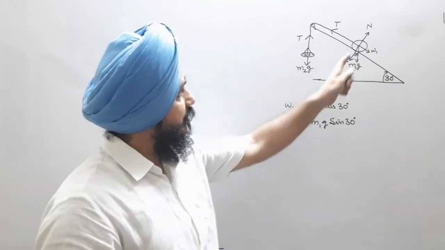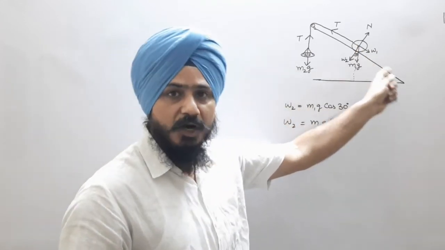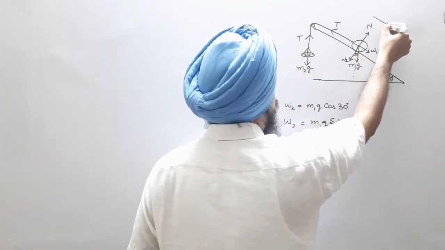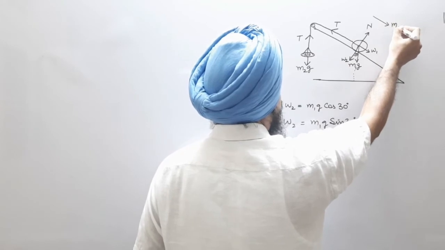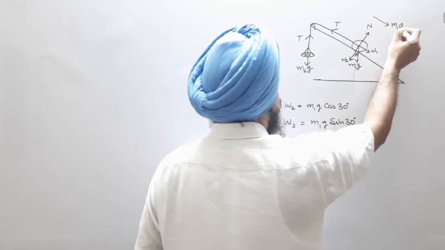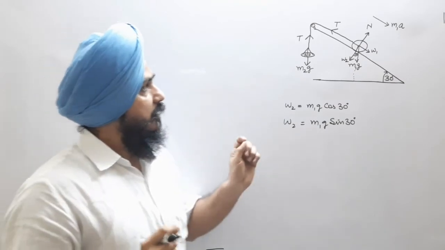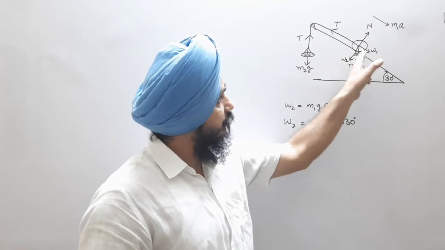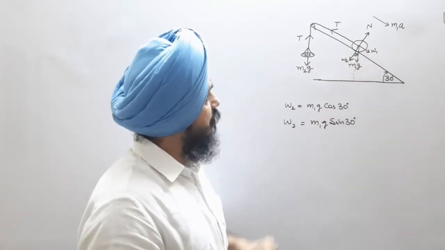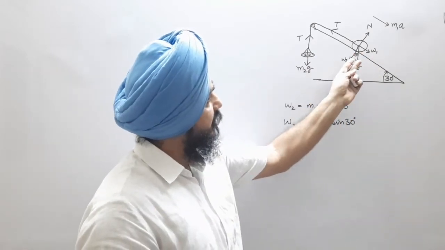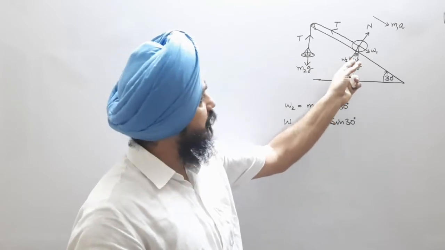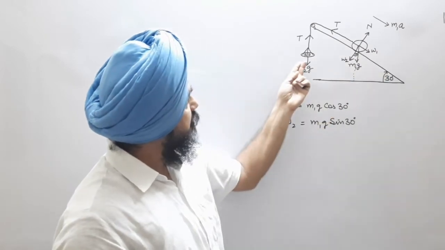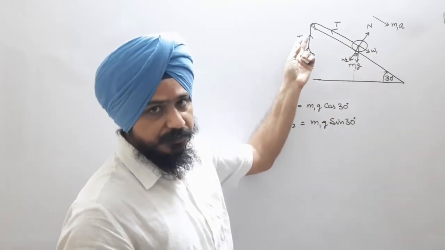One is when this roller is moving downwards, that is, its motion is downwards and the external force is downwards, so m1a will be downwards. Our point of concern here is to find the acceleration of this roller. So now let us write the equations of motion of this roller when it is moving downwards. If the roller moves downwards, this pan will move upwards.